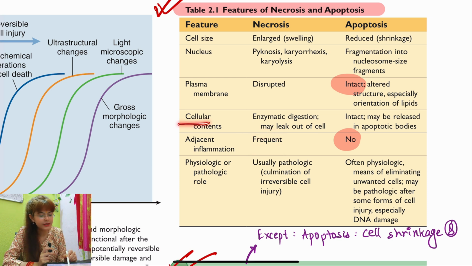Now, cellular contents: there's enzymatic digestion, and thus contents may leak out of the cell in necrosis. But because the cell is intact in apoptosis, there is no release of any kind of cellular contents. But there may be apoptotic bodies released, as I said.